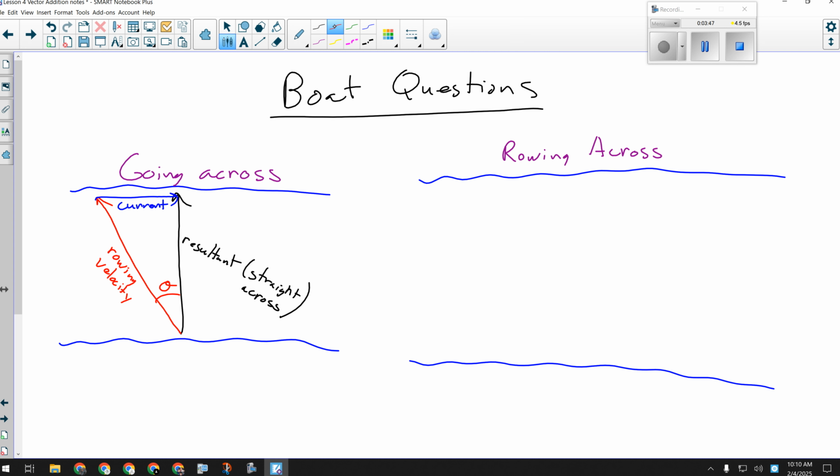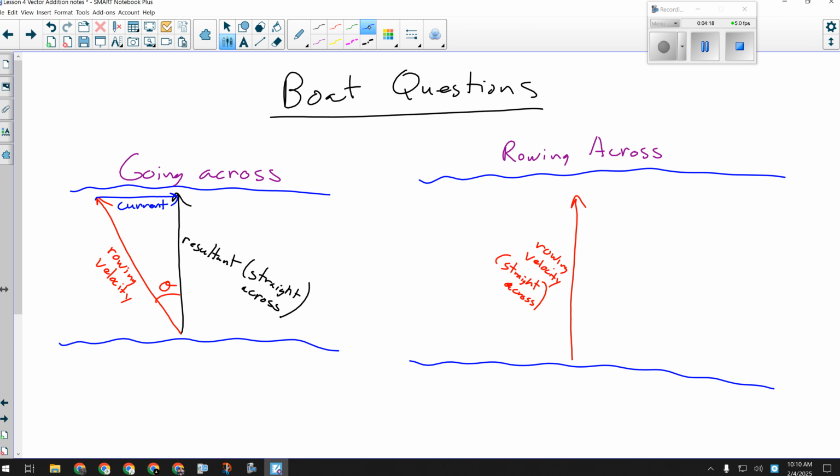If I row across, my rowing velocity is this line. The other vector quantity involved in these is, again, the current.